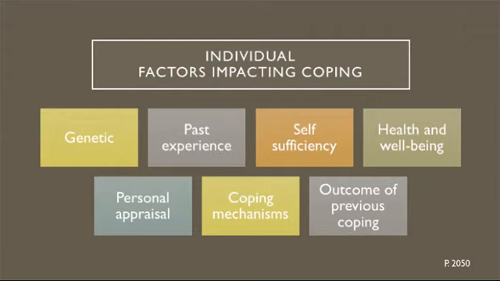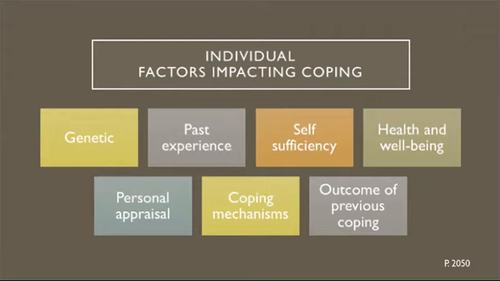Your genetic predisposition, past experiences of coping with stressors, self-sufficiency, ability to meet your own needs, health and well-being, which has a lot to do with your ability to deal with things, and personal appraisal, how you see it and how you think of yourself with your coping mechanisms, your history of how you've succeeded before with previous ones.